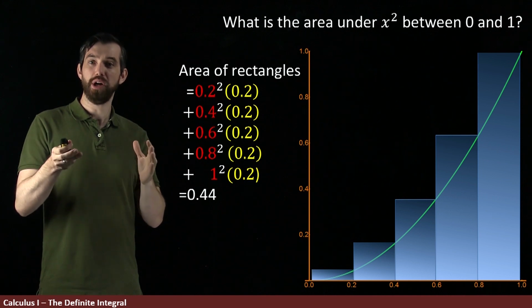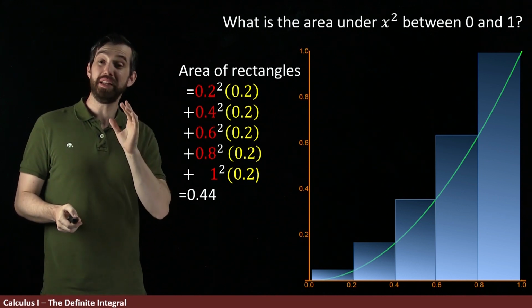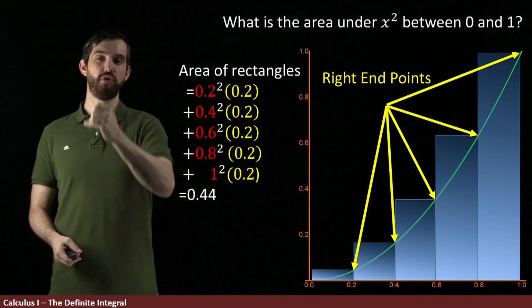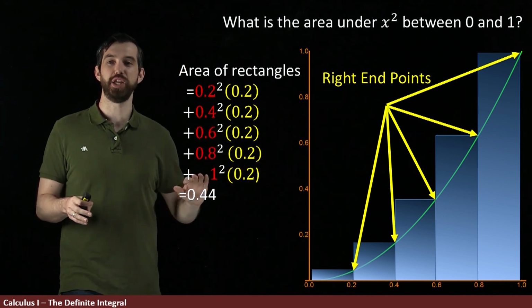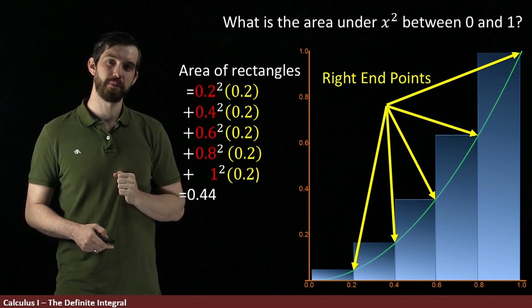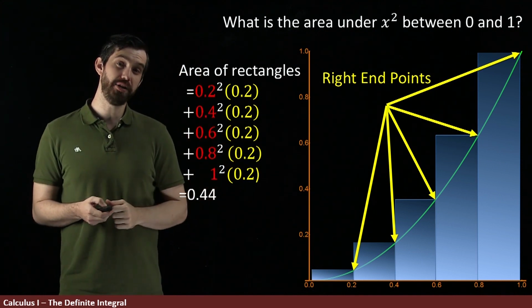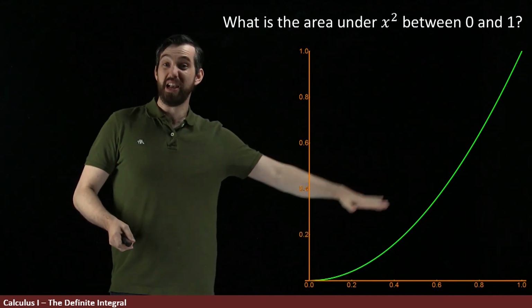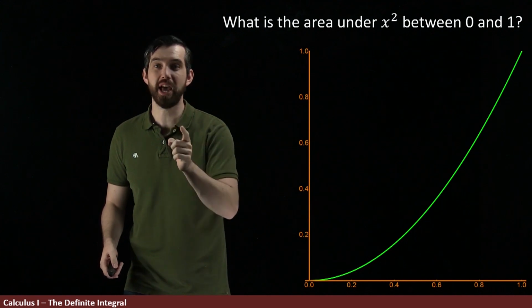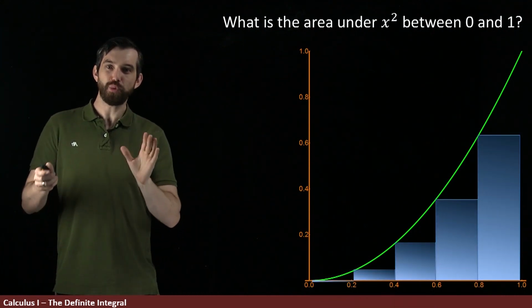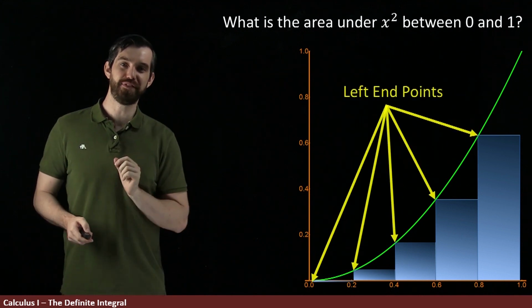I will again note that what we have been using are these so-called right endpoints, where the heights of my rectangles have been specified by the right endpoint going up to the level of the function. Now this is not the only way that I can do this. What if instead of using right endpoints, I use some slightly different rectangles? In this case, I'm using the left endpoints.